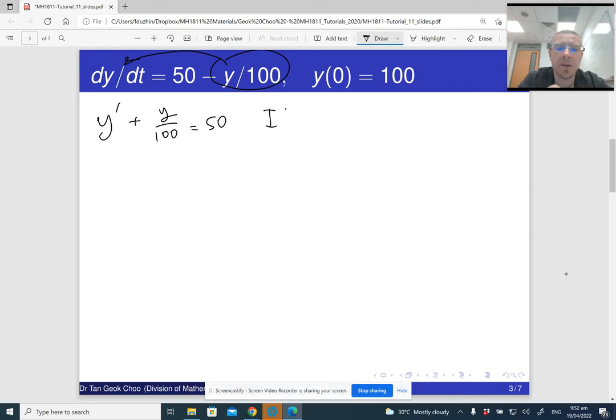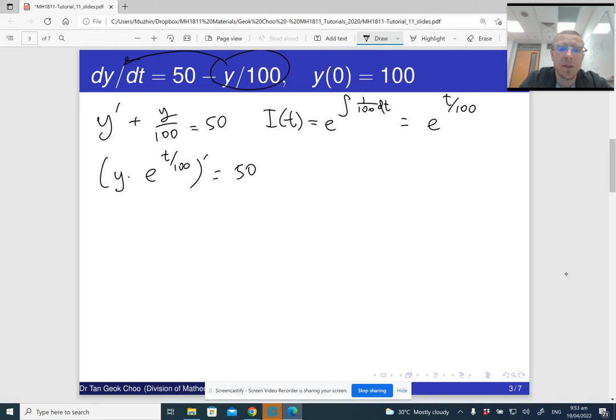Now the integrating factor I of t is going to be e to the power antiderivative of 1 over 100 dt, which is just e to the t over 100. So our differential equation is y times the integrating factor, prime, equals 50 times the integrating factor.